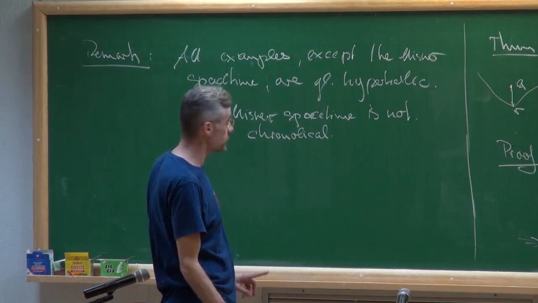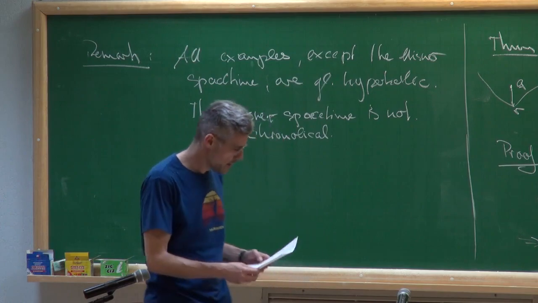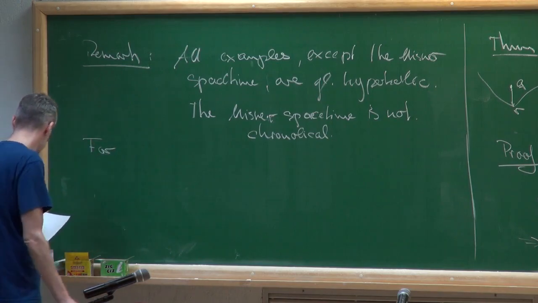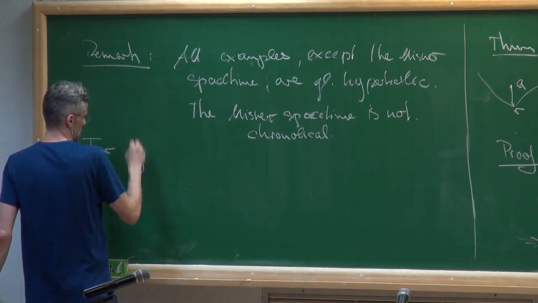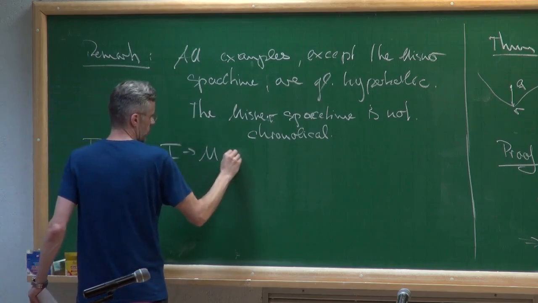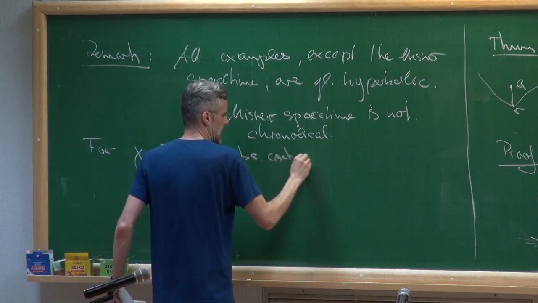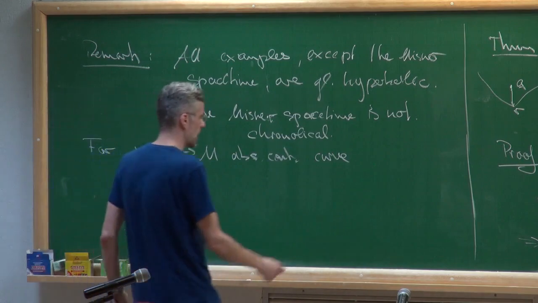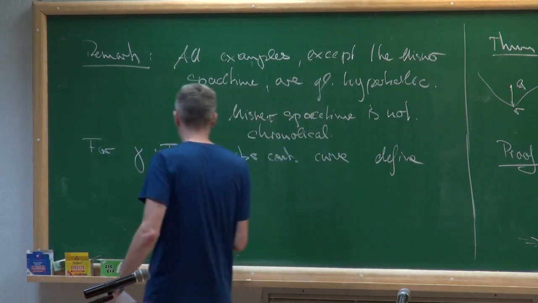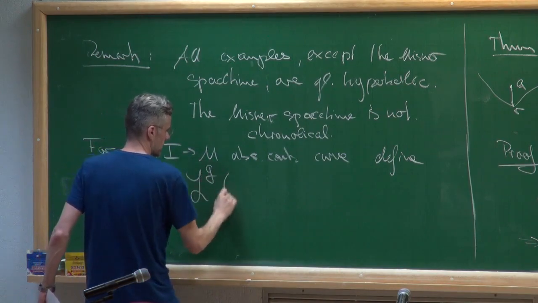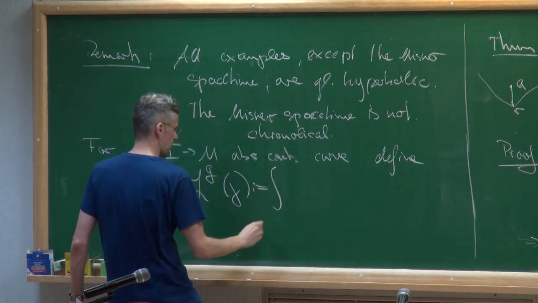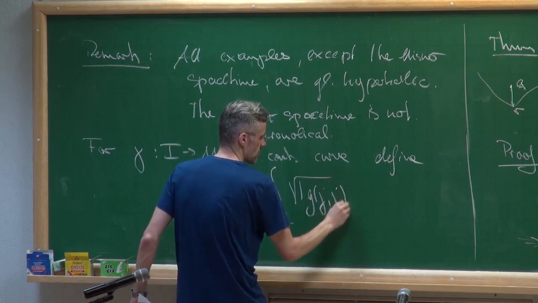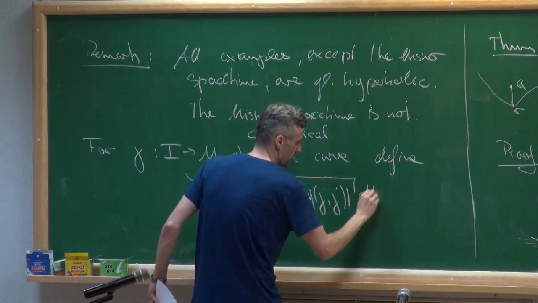And now, first I have to define what the length of a causal curve is. So, for an absolutely continuous curve in your spacetime, you can define the length with respect to your Lorentzian metric simply as the integral over I of the square root, and now you have to take the absolute value, since this might not be a positive number, of the length of tangent vectors.